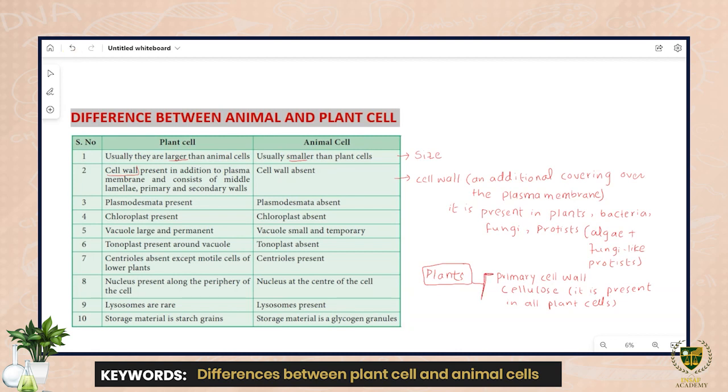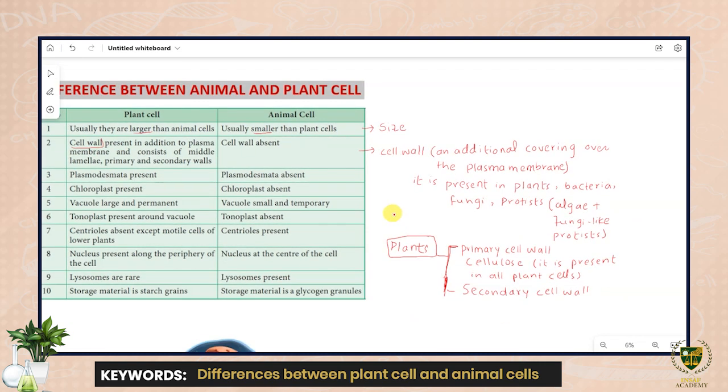Then the inner one, inside the primary cell wall, is the secondary cell wall. We are just talking about plants.